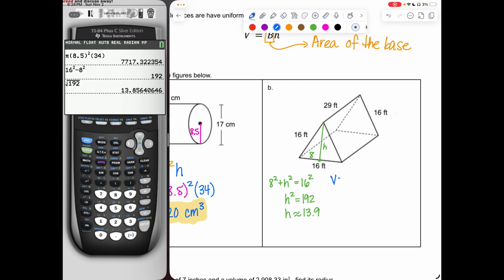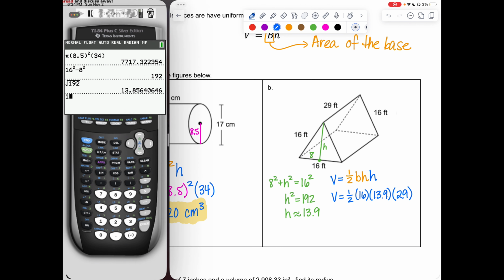So now that we have that, we can find our volume. So volume is equal to the area of our base, which is 1/2 base times height, times the height of the prism. So V is equal to 1/2 times the base of the triangle, which is 16, times the height of the triangle, which is 13.9, times the height of the prism, which is 29 feet.